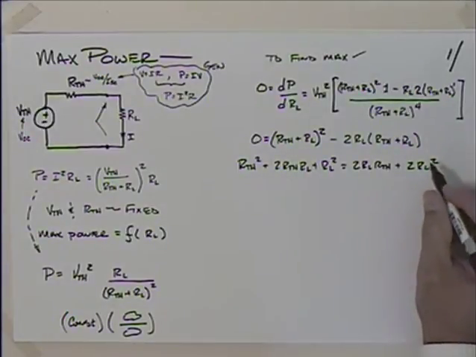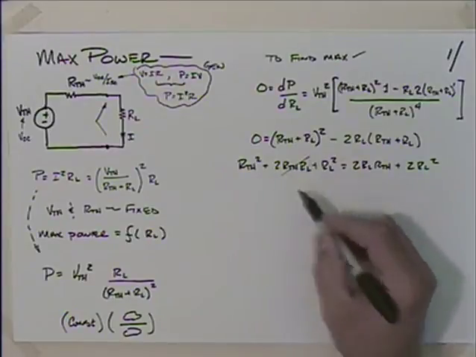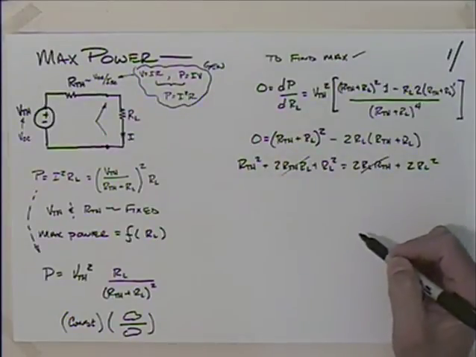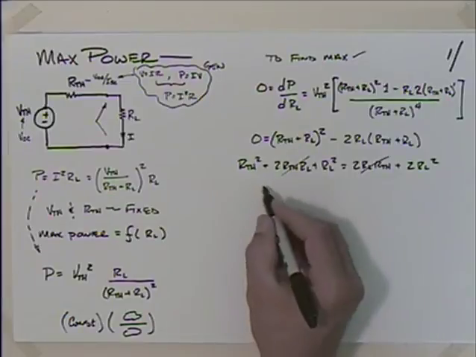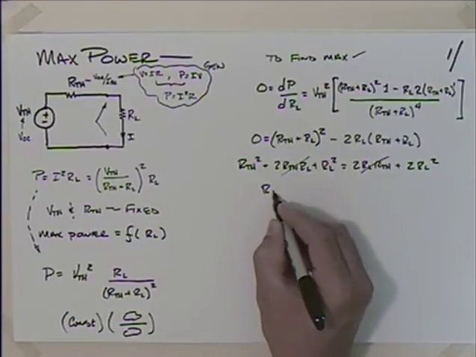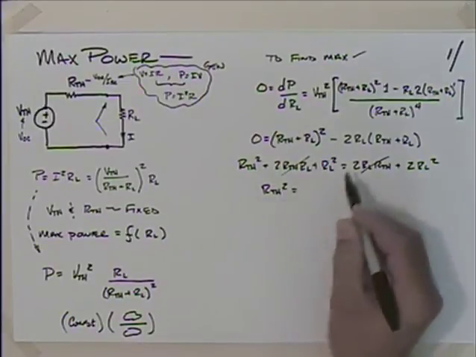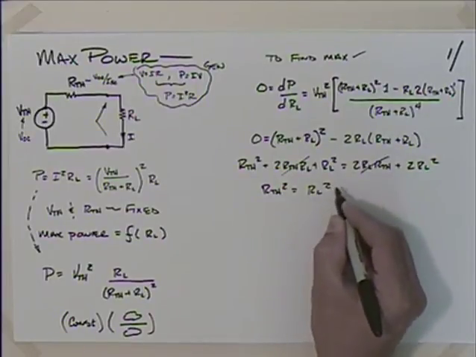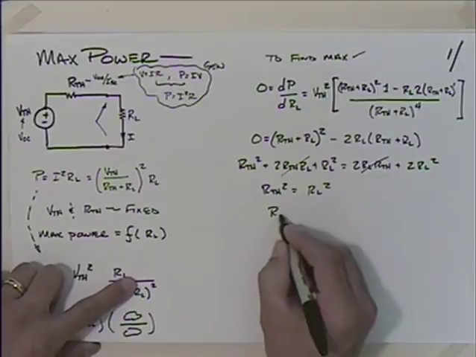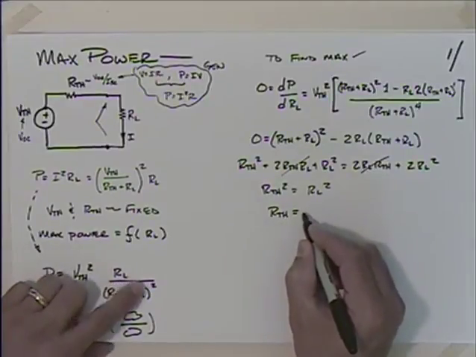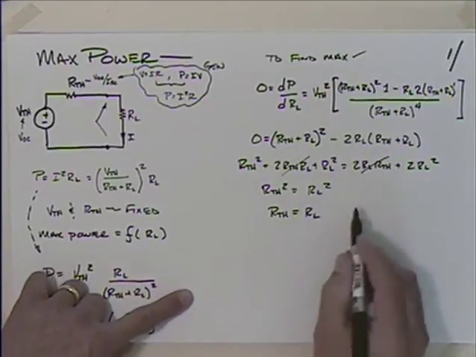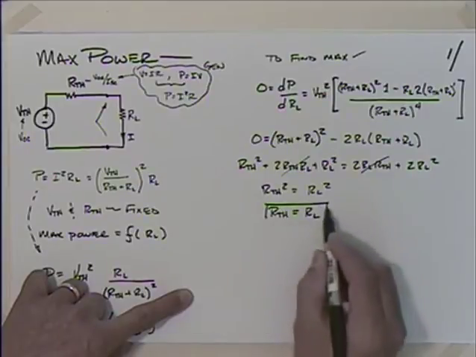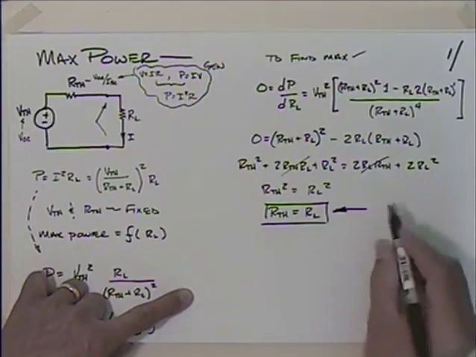So then what do I get? 2 R Thevenin RL, I've got that on each side, and I'm left then with R Thevenin squared is equal to, I subtract that from those over there, and I have RL squared, and I get that R Thevenin is equal to RL. That is, and that's worth probably a box, that is for maximum power transfer.